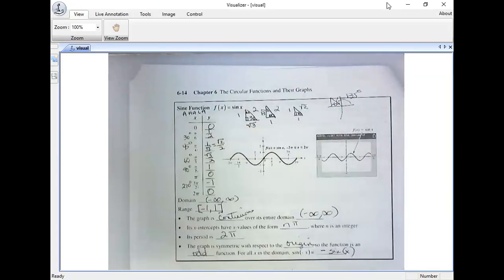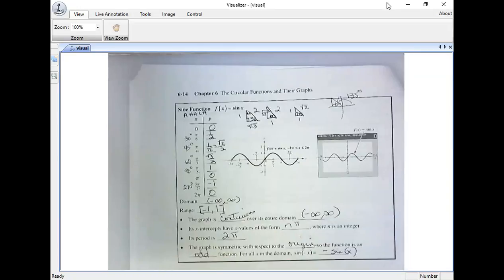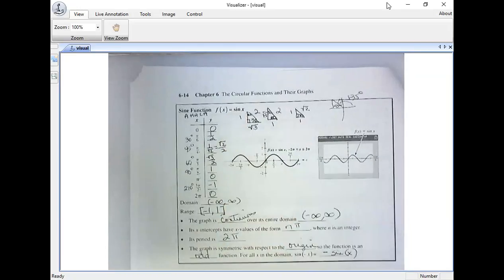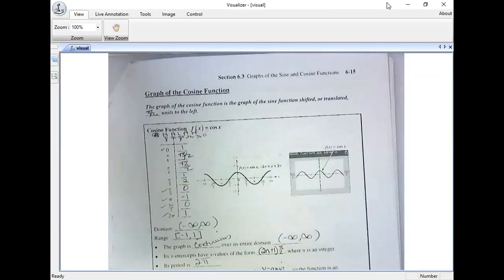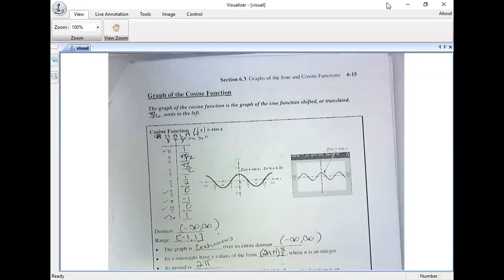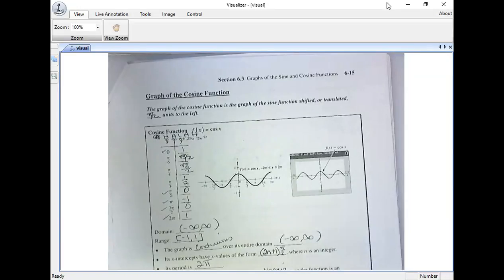So we went through and analyzed the specific things that we knew about the sine of theta, if we were just graphing f of x equals the sine of x. We looked at the same thing related to the cosine, and we were able to get that graphed as well.